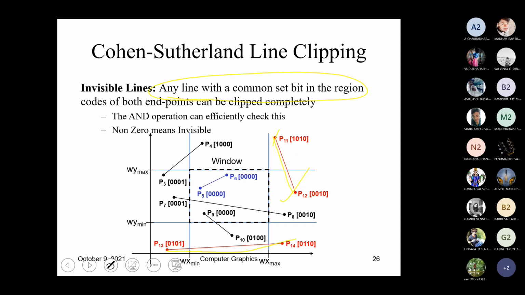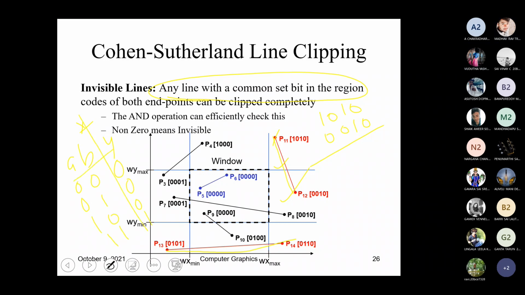Another way we can do this for the invisible case is to perform the AND operation. So how do we do an AND operation? Just consider the codes 1 0 1 0 and 0 0 1 0. How to perform the AND operation? Anyone can tell? A, B, Y. 0 0 AND is 0. 0 1 AND is just multiplication, so 0 1 is 0, 1 0 is 0, and 1 1 is 1.